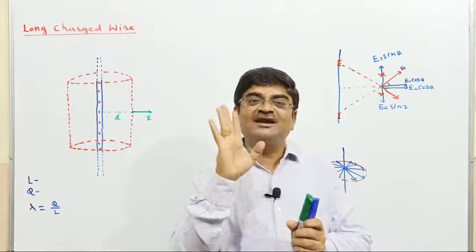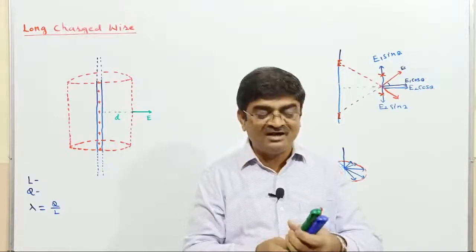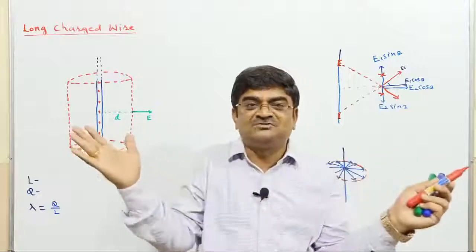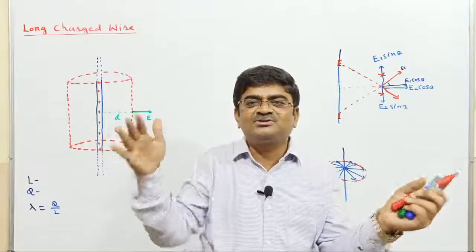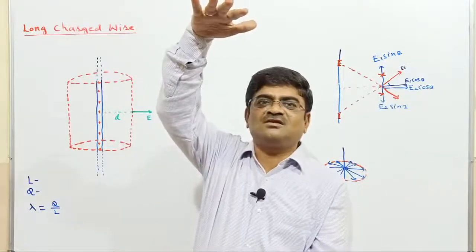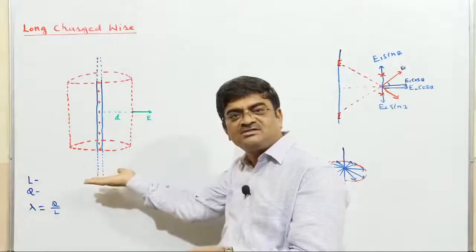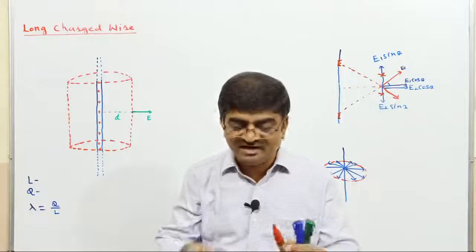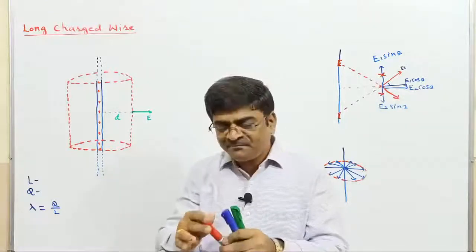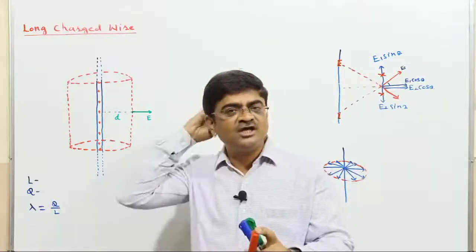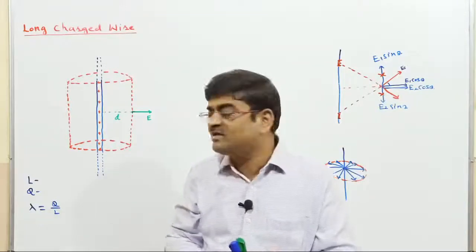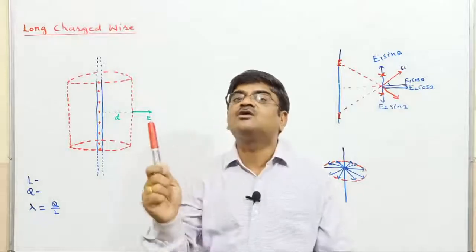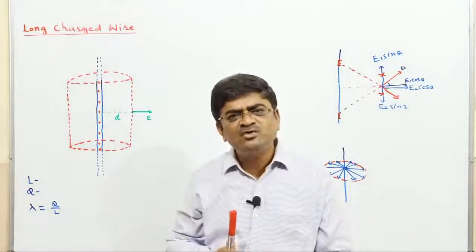Whenever I deal with a cylindrical Gaussian surface, I generally divide it into 3 broad portions: the upper circular cross section, the lower circular cross section, and the curved portion of the cylinder. The first thing I am going to calculate is the electric flux through the curved portion.